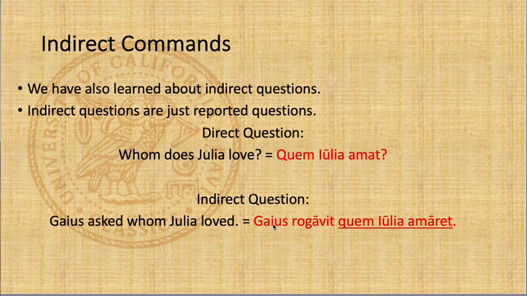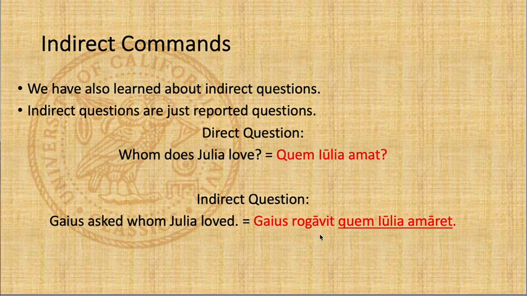In Latin, we can say Gaius rogavit, Gaius asked whom Julia loved. Latin, generally speaking, preserves the form of the direct question in indirect questions. Notice that quem Julia amat looks an awful lot like quem Julia amat in the direct question. The only difference is that in indirect questions in Latin, verbs must be in the subjunctive, so the verb amat must change to amaret.